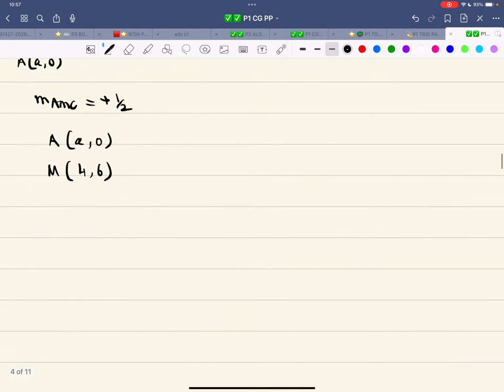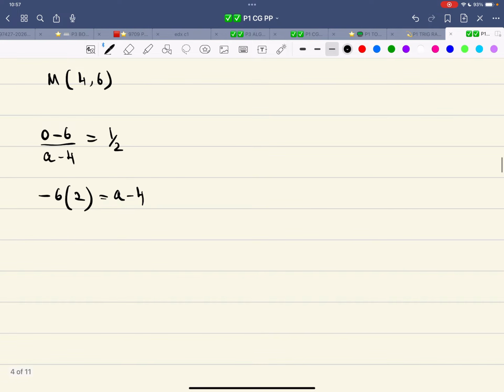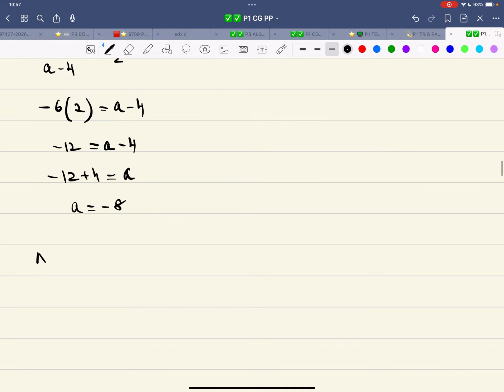The gradient of AMC, that is 0 minus 6 over a minus 4, is positive half. Therefore, negative 6 into 2 is a minus 4. Negative 12 is a minus 4. Negative 12 plus 4 is a. Therefore, a comes out to be negative 8. Therefore, the coordinate of A is negative 8 comma 0.